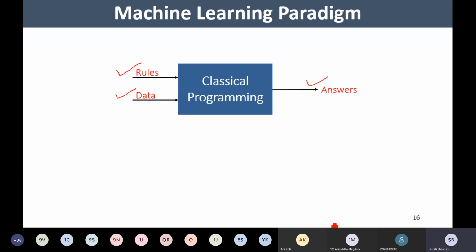If we would like to solve this problem with classical programming techniques, how are we going to do that? Any idea? Please speak up. I just mentioned what we mean by classical programming, right? Classical programming accepts data.